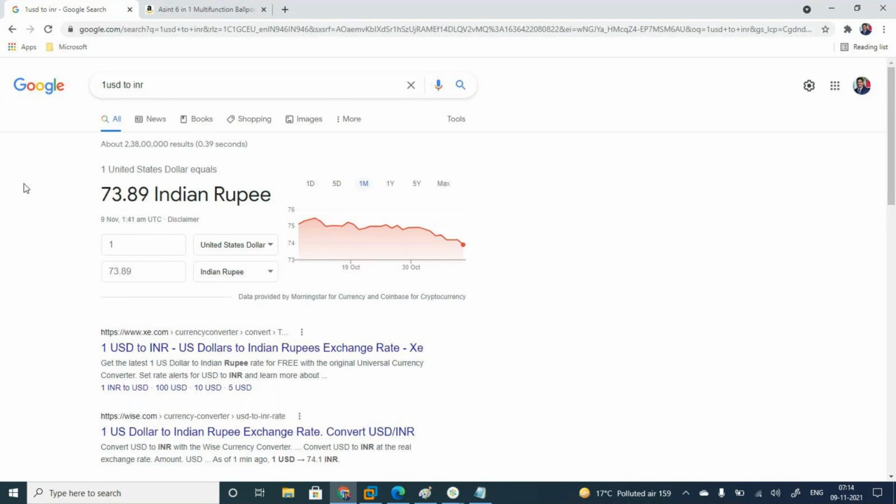Then you need to pay $1,000 to your friend. Whether it is 70 rupees or 60 rupees or 80 rupees or 90 rupees, your friend informed you it is 1000 US dollars. So you need to spend 85,000 Indian rupees to purchase 1000 US dollars, and you need to hand it over to your friend.